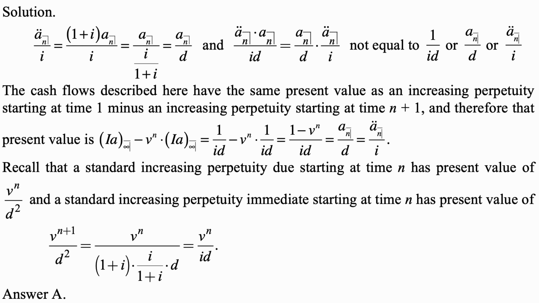Let's have it valued at time 0 with the first payment at time 1. So standard increasing perpetuity immediate has a value of 1 over id, and if the reference point in time is time n, and the first payment comes at time n plus 1, then it's v to the nth over id. In any case, answer A is what we're looking for.